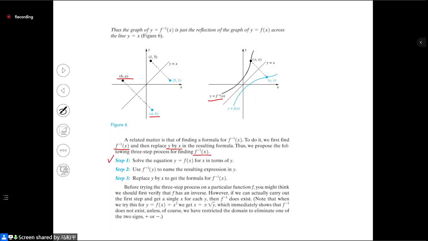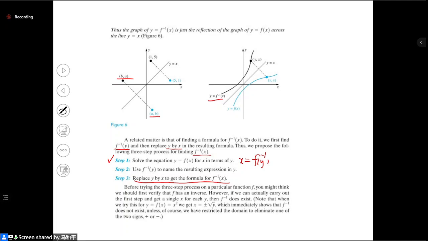First, solve the equation y equals f(x) for x in terms of y, which means x equals f inverse y, and use f inverse y to name the resulting expression in y. Last, replace y by x to get the formula for f inverse x.